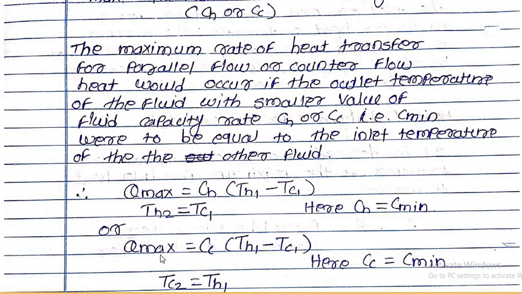Then Qmax is equal to C suffix C into bracket Th1 minus Tc1. In our energy balance equation we wrote Tc2 minus Tc1, but to find the maximum heat transfer rate, Tc2 should equal Th1, so instead of Tc2 we put Th1, and the difference is Th1 minus Tc1.